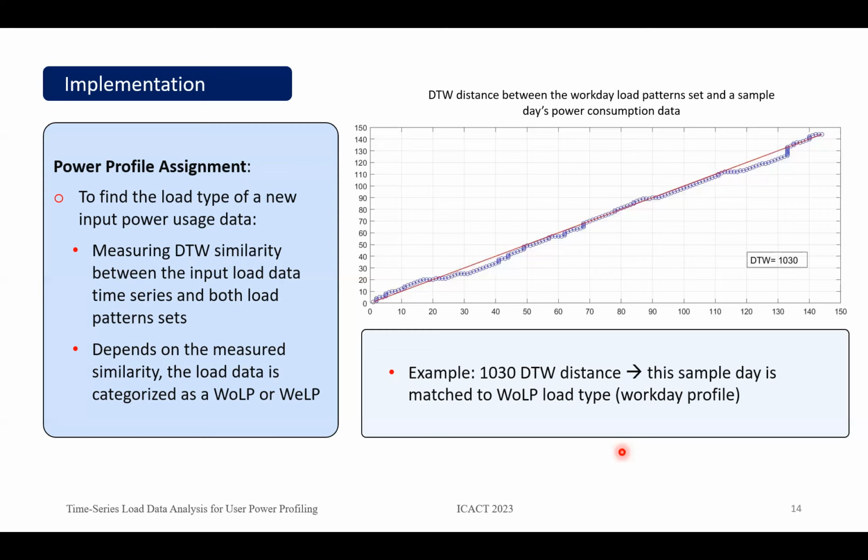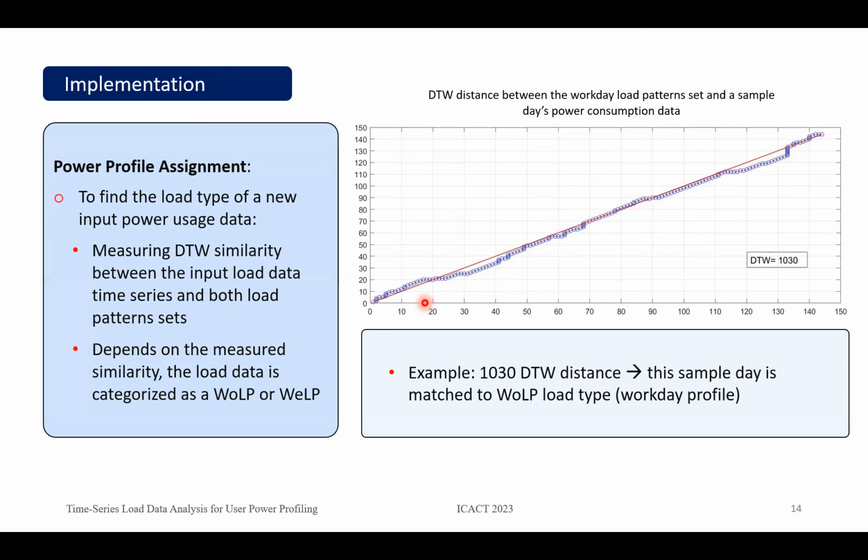So when we have new measurement data, we measure the similarity between that data point set and each of them, workday and weekend. For example, here we have power measurement data points of a day. To evaluate our model, we remove the information about the day or time, so we just have 144 data points of consumption data.